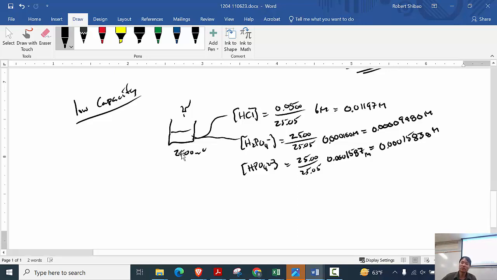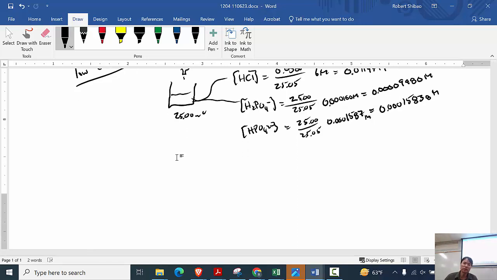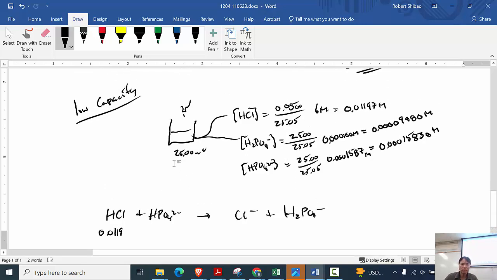But is it going to be very effective? Well, let's see if this buffer is going to be very effective. So let's take our HCl. And then the strongest base present is going to be HPO4 2 minus. And we get the same reaction. We're going to get chloride and H2PO4 minus. The HCl is 0.01197 molar.